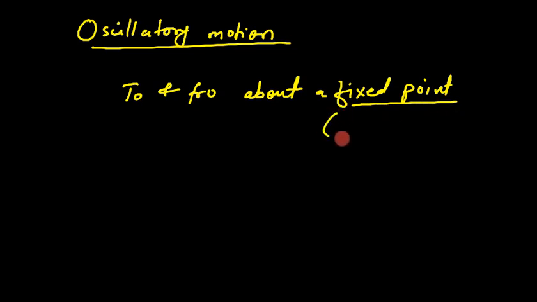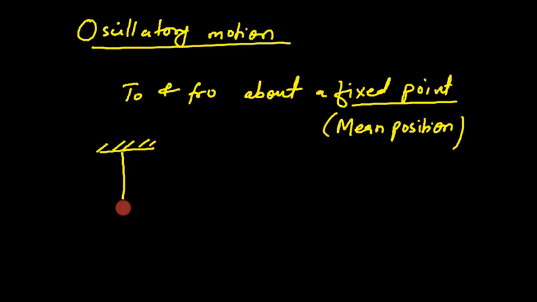And this fixed point is also called mean position. So here, let's take the example of a simple pendulum, which is moving like this and like this. Simple pendulum goes like this, then comes back like this. So it is having some oscillation, right?